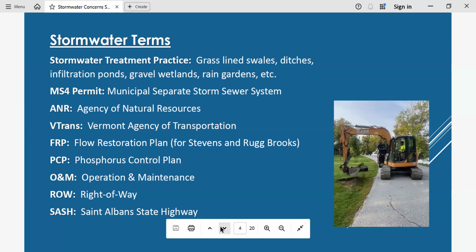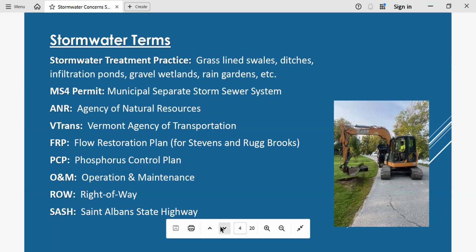And part of this MS4 permit, we had to do flow restoration plans for Rugg Brook and Stevens Brook because of the water quality issues in those two brooks. We had to develop a phosphorus control plan and identify stormwater projects to try and reduce the phosphorus that is getting into Lake Champlain from the erosion of our streams and brooks in town.